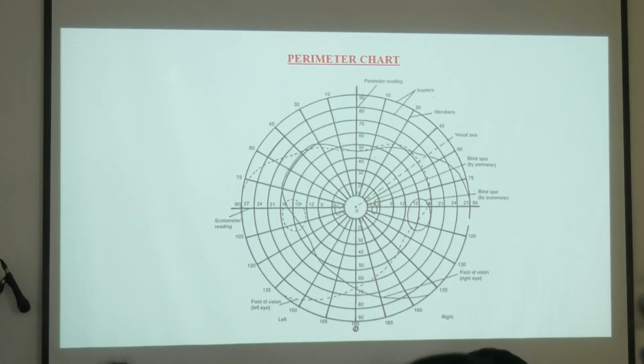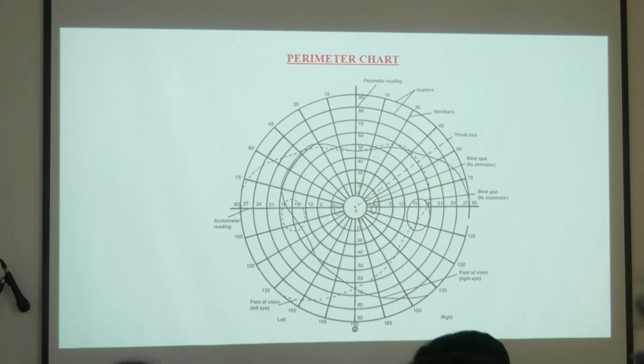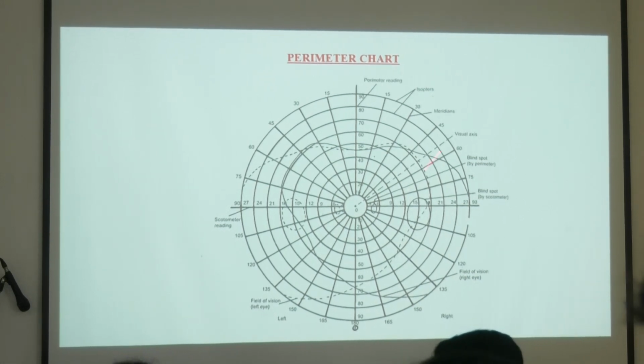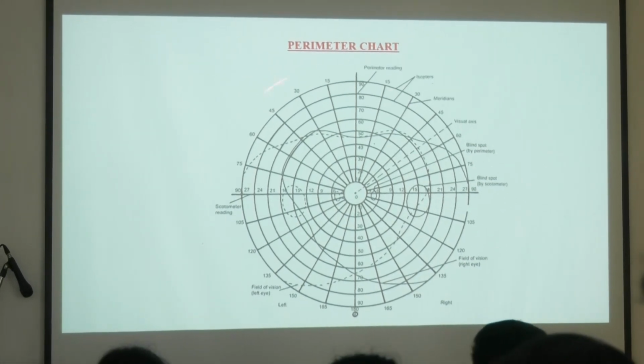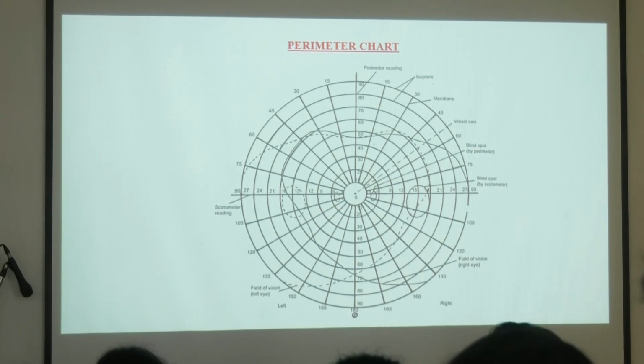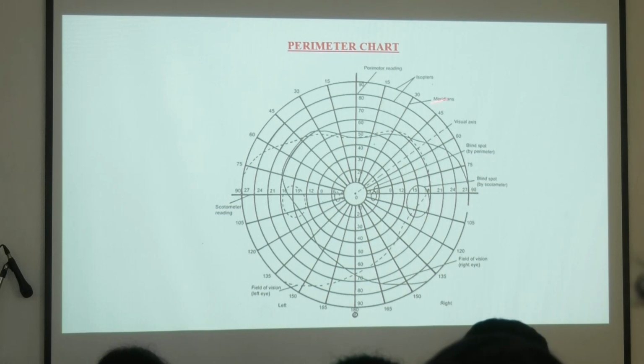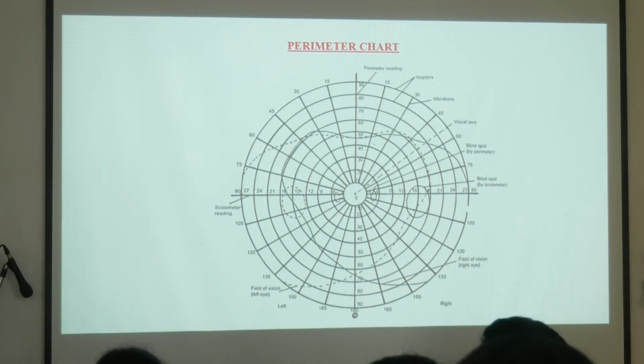We'll be showing you the perimetry chart and we will ask during the viva examination, what is this? So these circles are called isopters. And these radii are called meridians.